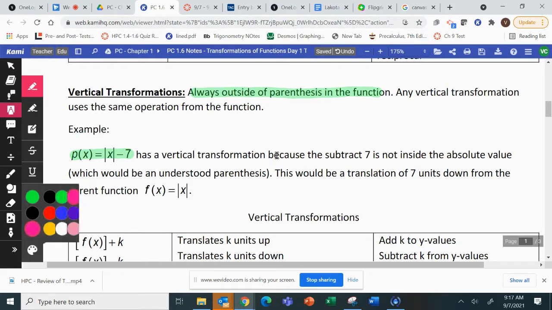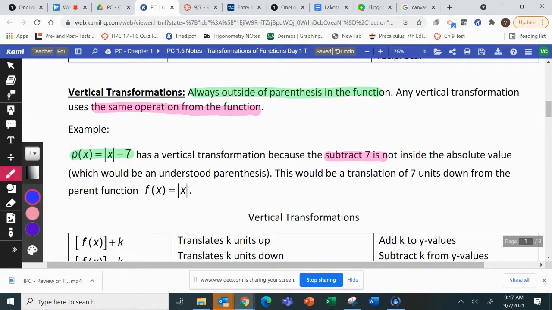Because they're vertical, they use the exact same operation from the function. If I have absolute value of x minus 7, we just literally subtract 7. But it's vertical, so this would make it go down when we subtract, because vertical would be up or down. So subtract 7 would make it go down.